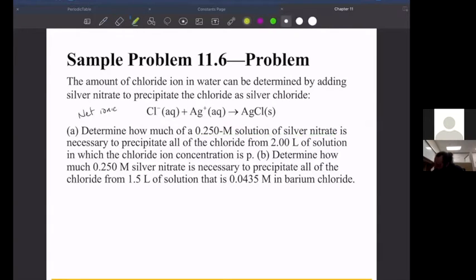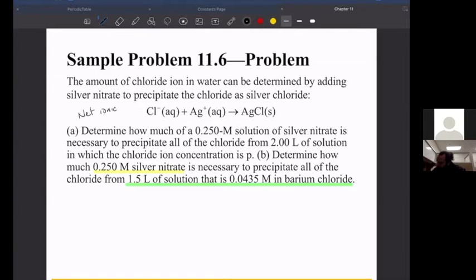All right, so now we're at part B. Determine how much of a 2.5 molar silver nitrate solution is necessary to precipitate all the chloride from 1.5 liters of a 0.0435 molar barium chloride solution. Okay, so here they're trying to be a little bit tricky. All right, so let's take a look at what I mean by that.